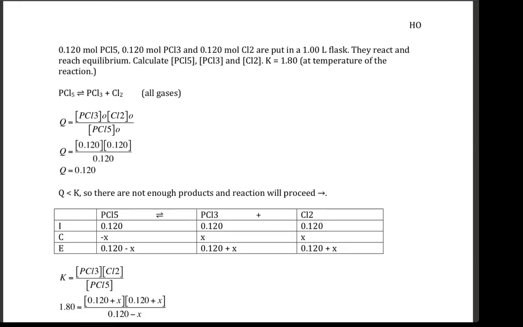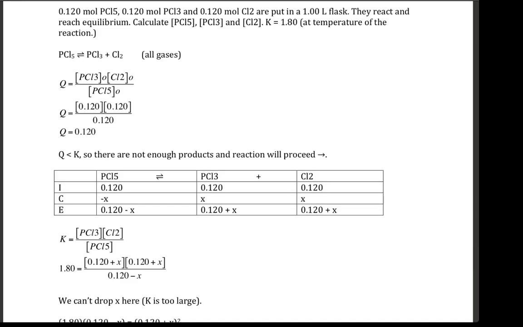Here's an example where we would determine Q. 0.120 moles of PCl5, 0.120 moles of PCl3, and 0.120 moles of Cl2 are put into a 1.00 liter flask.